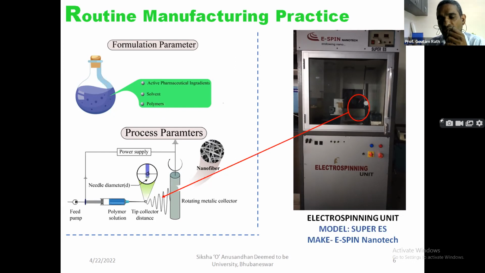Actually, we have applied a conductivity that should overcome the surface tension of the polymer substance so that the polymer substance is stretched to prepare the nanofibers. That is the basic principle.